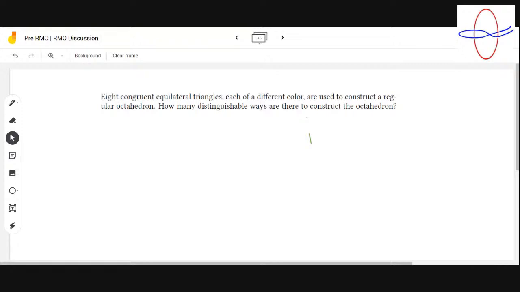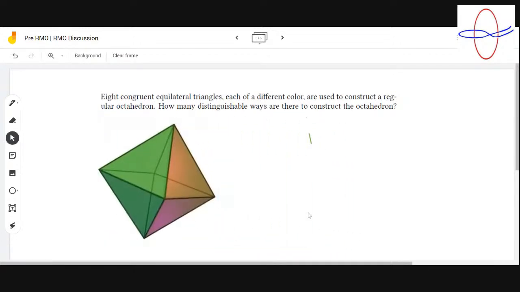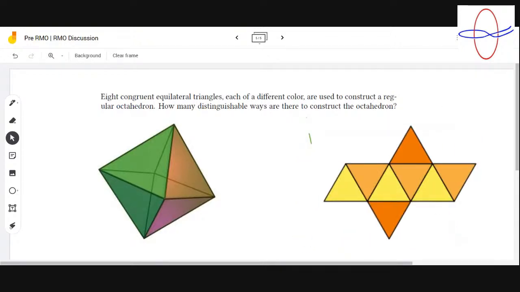Yeah, I got a very good, very beautiful diagram. I'm sure you will love it. It's an octahedron. If you open up the octahedron, you will get this.